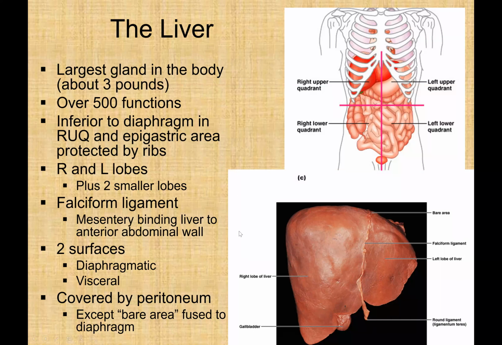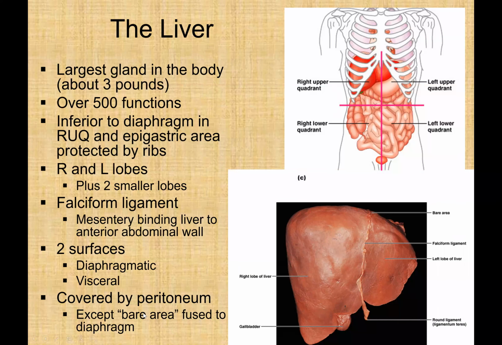And then the liver has two surfaces. We have the diaphragmatic surface, which is on top over here, which faces the diaphragm. And then we have the visceral surface, which is at the back, which faces other internal organs.